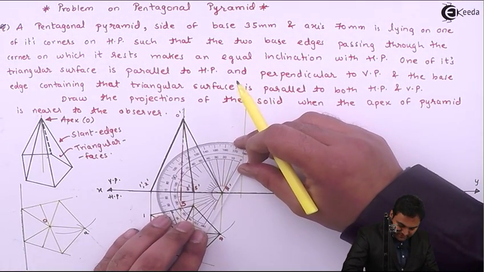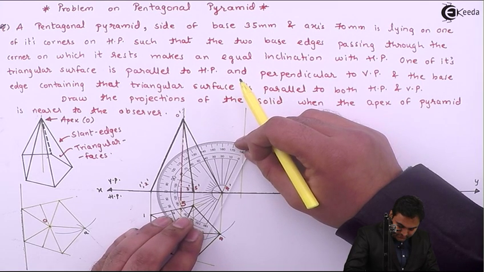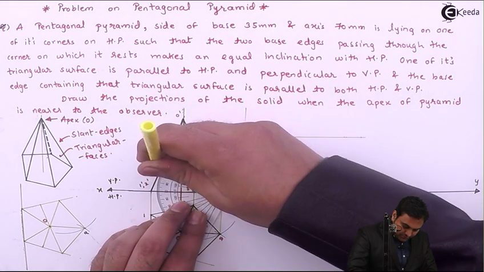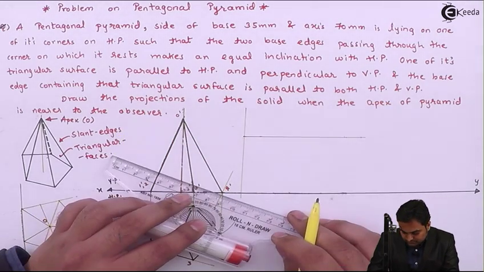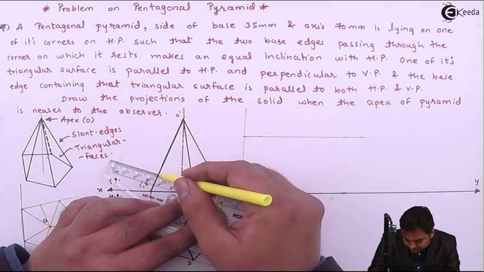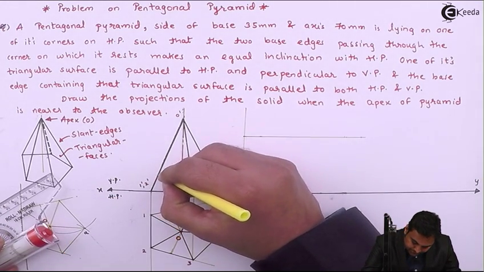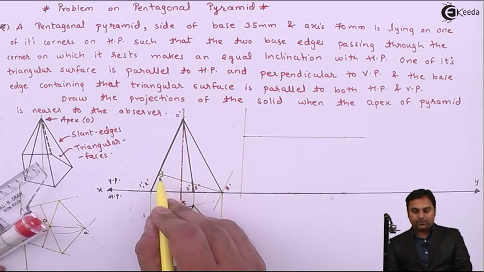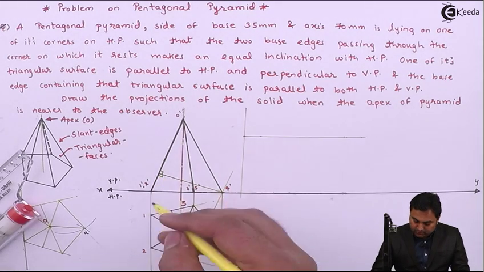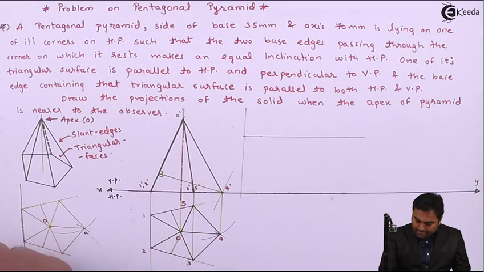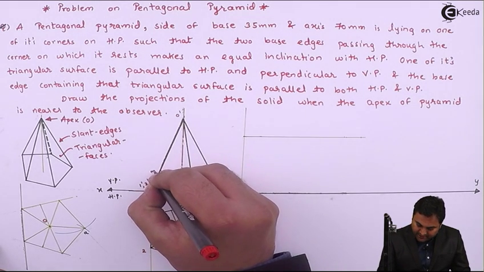Next, keeping this parallel line as the reference, dropping a perpendicular on the slant edge which is on the opposite side. So this perpendicular I have dropped onto the slant edge O dash, 1 dash, 2 dash. Since it is from 4 dash, this I'll call M dash.